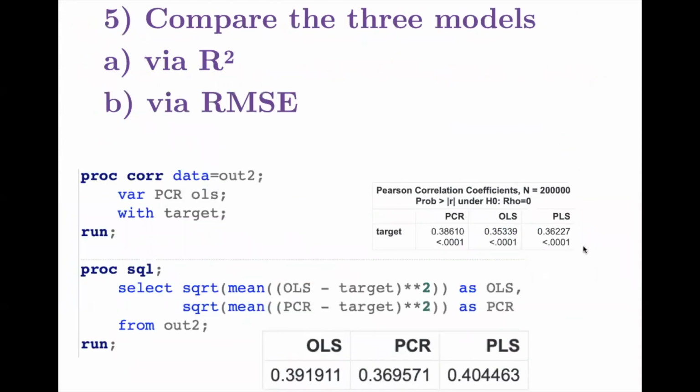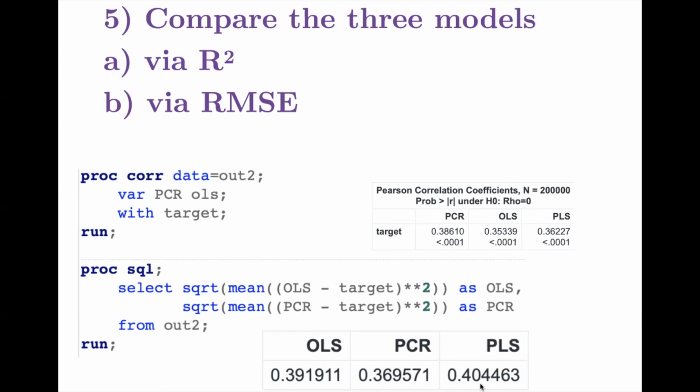And finally, I can compare the three models, and I can do that in a few ways. First, using R squared. Admittedly, it's just R. I haven't squared it yet, but bigger is better, and PCR is still the biggest. PLS does beat OLS, but not by much.